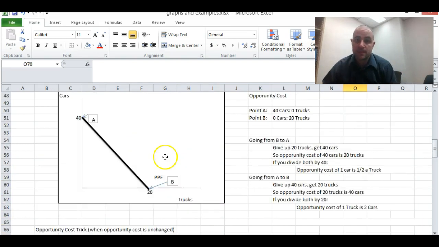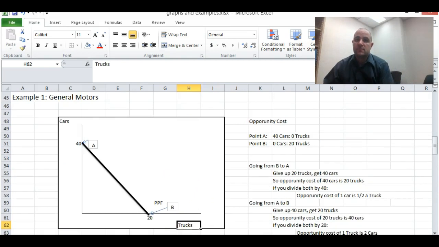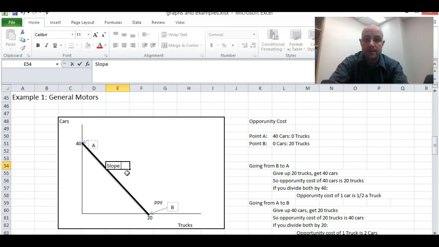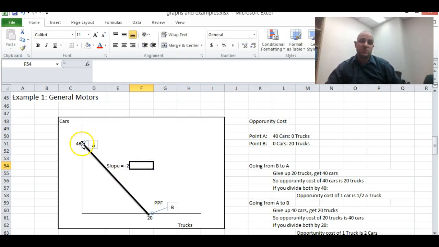So for example, let's look here. The slope here, if you do rise over run, equals minus 2. Rise over run, if you move between any 2 points, is the change in y divided by the change in x. So you go here, y goes down by 40, x goes up by 20.